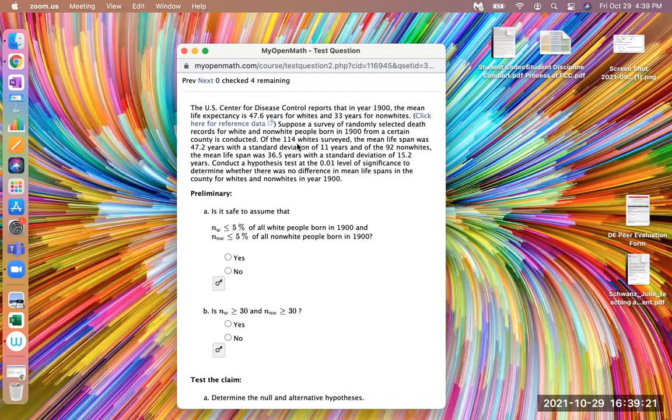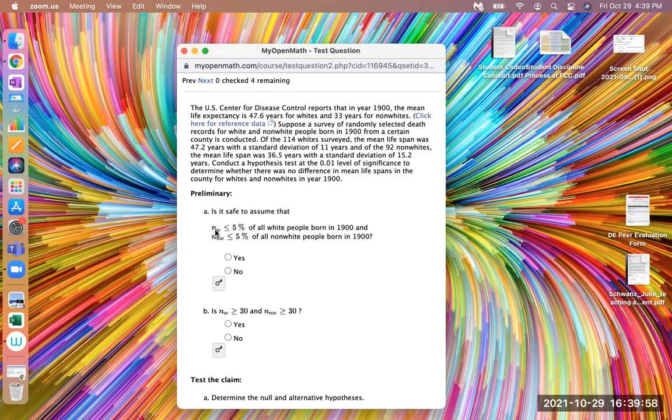Of the 114 whites surveyed, the mean lifespan was 47.2 years, and the standard deviation was 11 years, and of the 92 non-whites, the mean lifespan was 36.5 years with a standard deviation of 15.2. Conduct a hypothesis test at the 0.01 level of significance to determine whether there is no difference in mean lifespan in the country for whites and non-whites in the year of 1900.